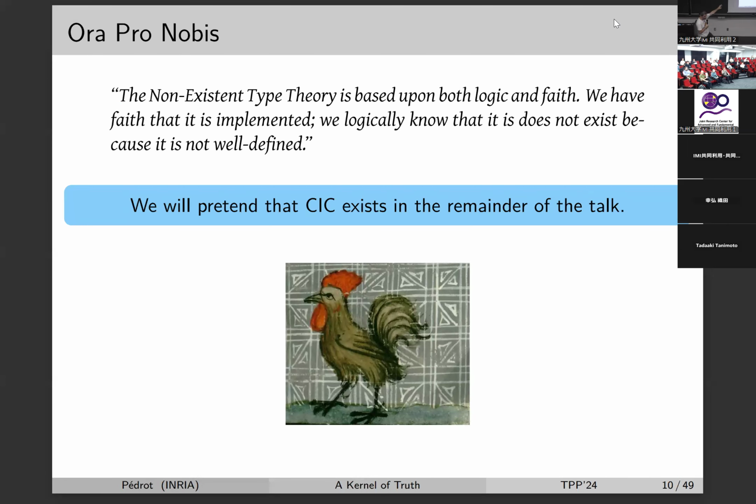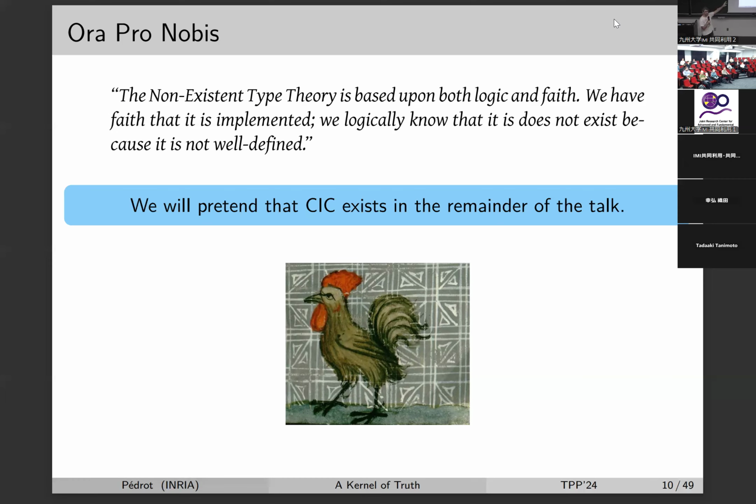So bear with me. Even though this is completely and outrageously inconsistent, it doesn't matter, because we're at the level of faith, and we'll pretend in the remainder of this talk that whatever CIC means, there is some well-assigned meaning that I will be able to describe at any point in time. And if you realize that I'm lying to you, I can always backtrack and say, no, but that was not what I meant actually.